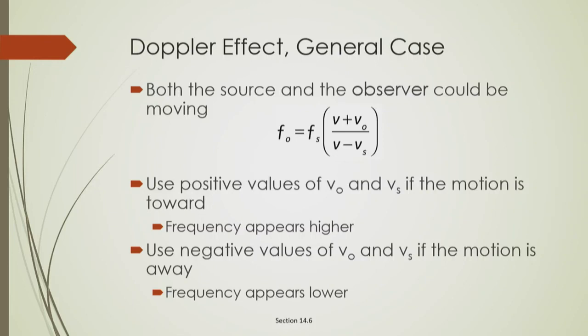So you've got to be really careful when you're working with it. But that's the general equation that's used for both cases. And in one case, it's like, okay, if my source isn't moving, I can set the source to 0. If my observer isn't moving, I can set my observer to 0. And so that's why you've got to keep track of it.